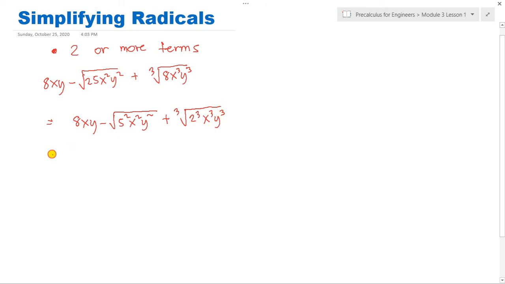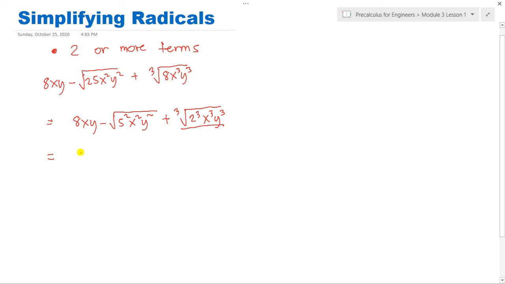As you can notice in our radicand, the exponents of 5, x and y are the same as the index, 2. On the third term, the exponent of 2 is 3, the same as the index, and the same is true with x and y. Therefore, we can extract all of them from inside the radical sign.